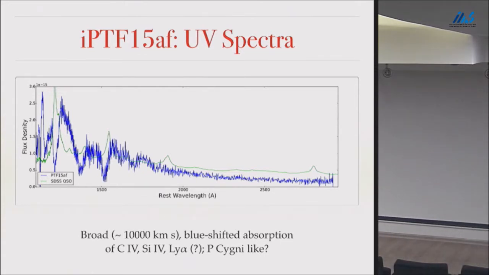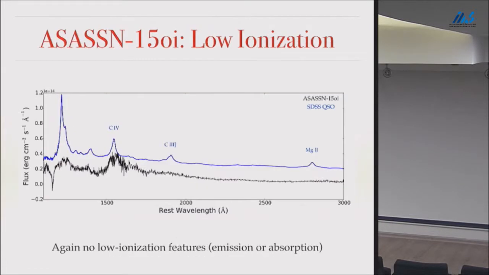Okay, last, ASASSN-15oi. Shown here in black, this is just due to the airglow lines. You can ignore this absorption feature. Repeating broken record here, nothing going on in the near UV. In the far UV, plausibly carbon-4, hard to make a strong identification.